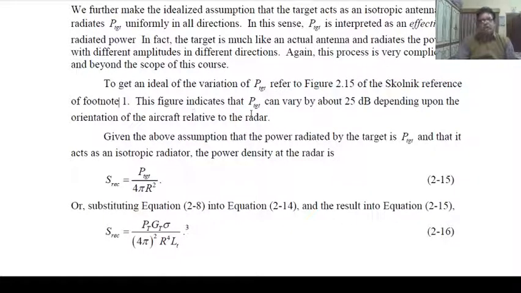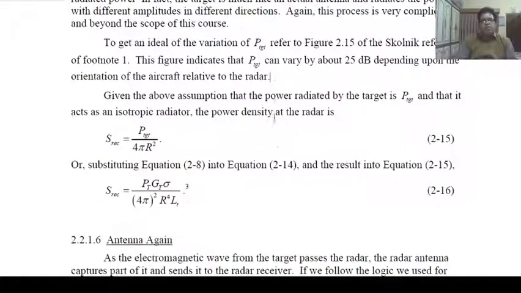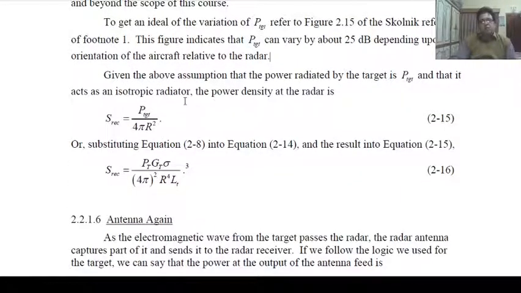The figure indicates that P target can vary about 25 dB depending upon the orientation of the aircraft relative to the radar. So just memorize this data, don't think about this paper. These are the research parts.